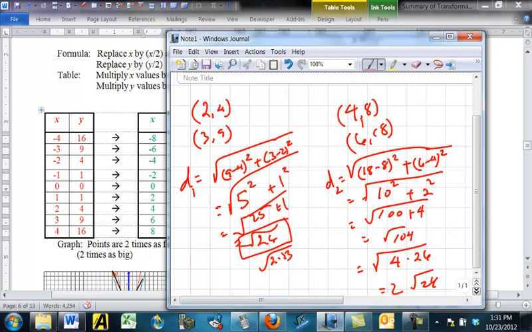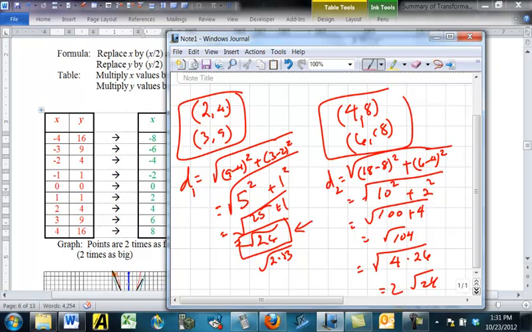Look what happened. What's our dilation factor? It's 2. We're multiplying the distances from the origin by 2, or we're multiplying the vertical and horizontal distances, and so the distance between any 2 points is going to get multiplied by 2. The originals were square root of 26 apart.